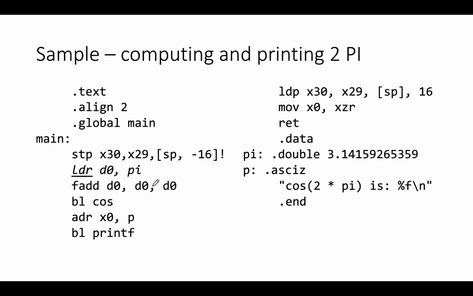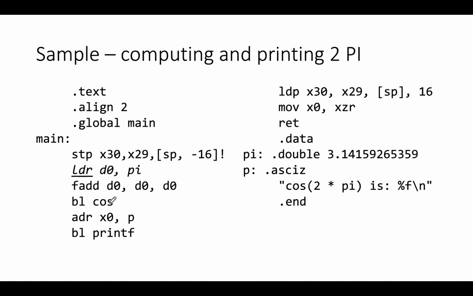Then I wanted to calculate 2π, so I just added double precision 0 to double precision 0, putting the result in D0, and then it's cosine of 2π, back into D0. Notice BL to cosine.